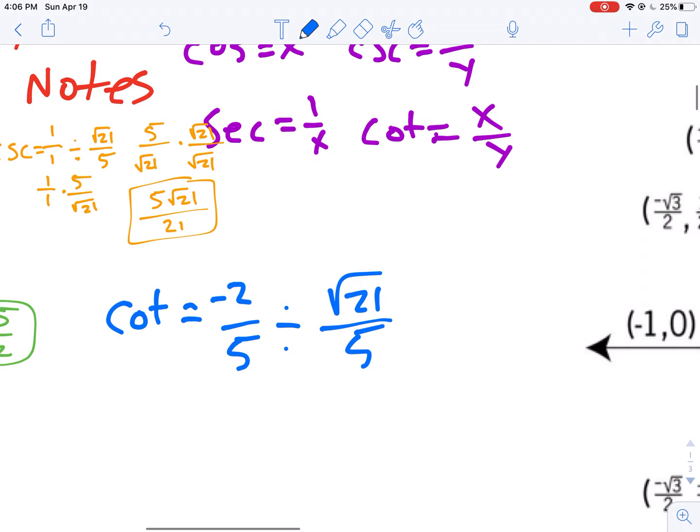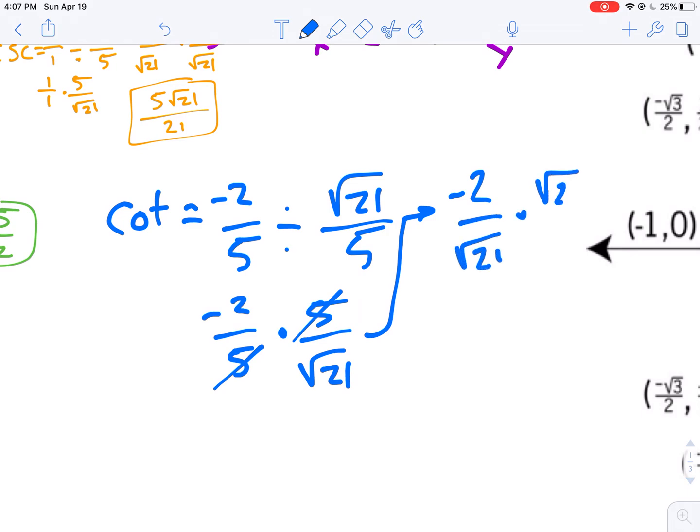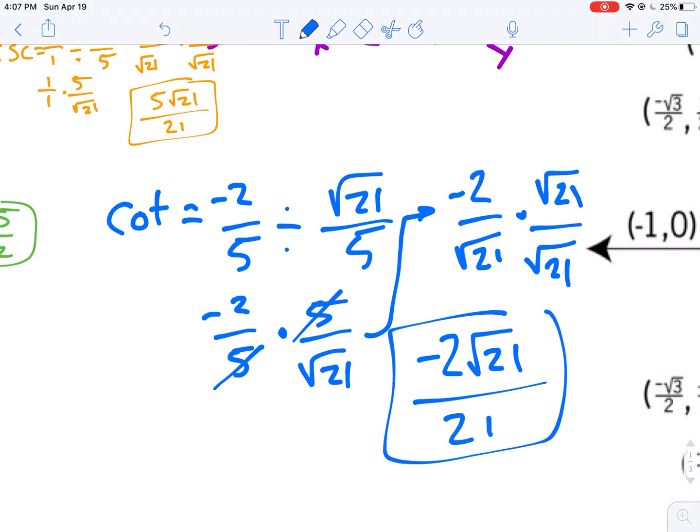So this is going to be the same thing as negative 2 over 5 times 5 over the square root of 21. These will reduce, and I'll be left with negative 2 over the square root of 21. Then I have to rationalize this by multiplying by the square root of 21 over the square root of 21, and I'll get negative 2 times the square root of 21 over 21. And that would be my final answer there.